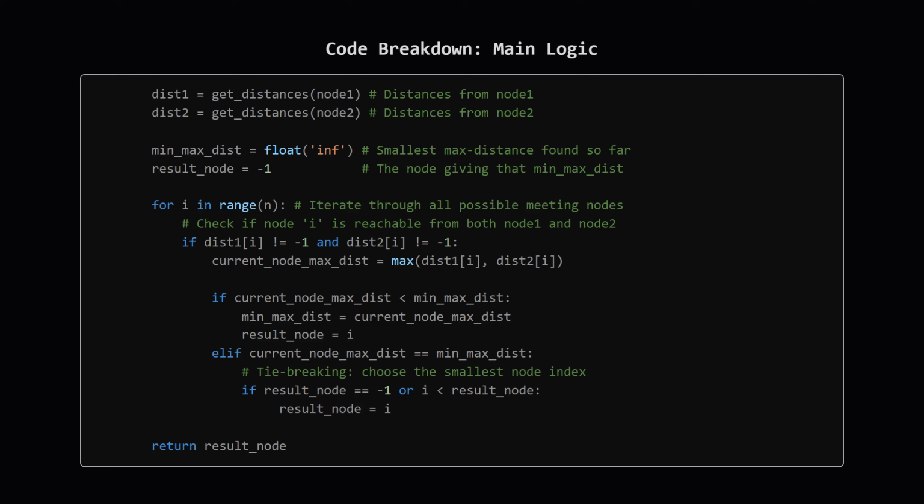If the node is reachable from both, we then calculate the maximum of two values, its distance from node 1, which is dist1 at index i, and its distance from node 2, which is dist2 at index i. Let's call this the current node max dist. Now we compare this current node max dist with our overall min-max dist. If the current one is smaller, it's better. So, we update min-max dist to this new smaller value. And we set our result node to be i. But what if they're equal?